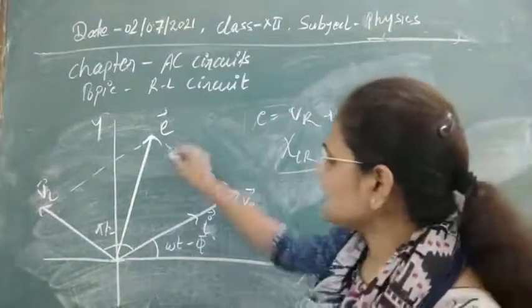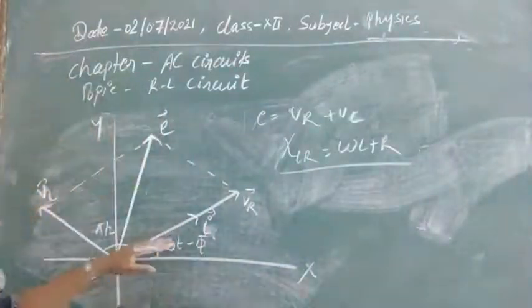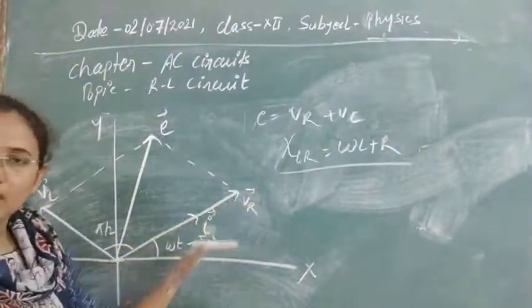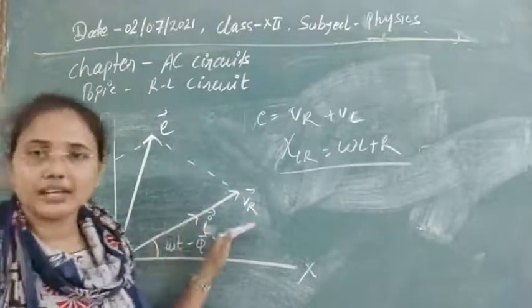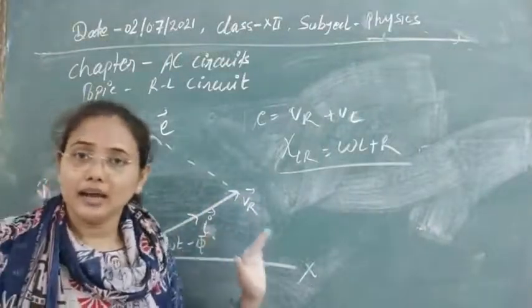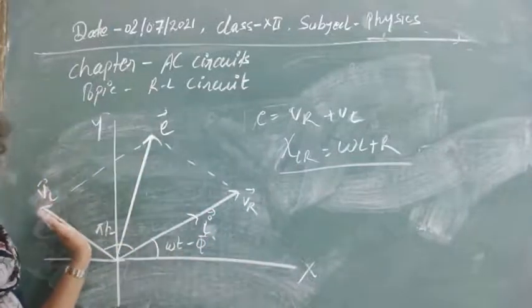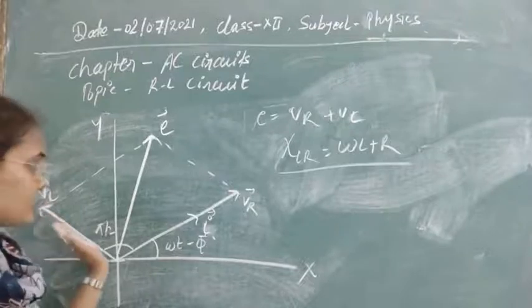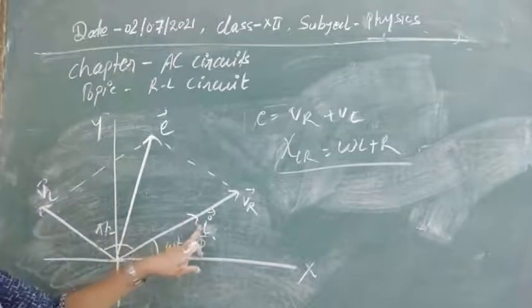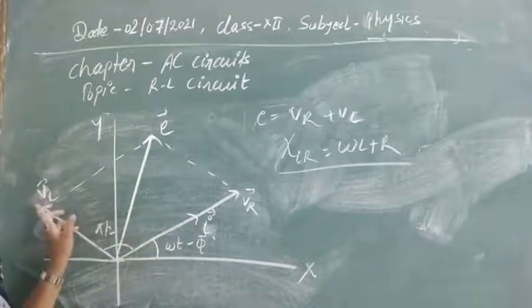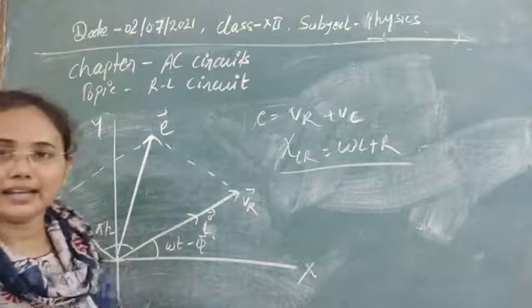And as we have just plotted the phasor diagram, according to this phasor diagram, this is the direction for the alternating current and potential for a resistive circuit. As you know, there is no current leading or lagging condition, but whenever you plot the graph for the inductive circuit, its voltage will lead by pi by 2. Here pi by 2 shows the leading condition of the potential, and these two are vector quantities at a 90-degree angle.